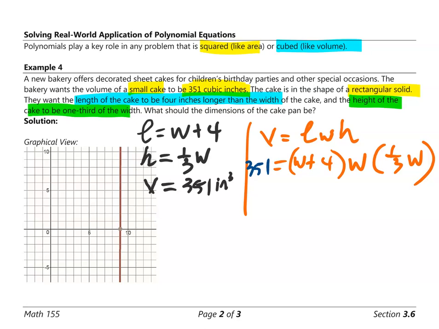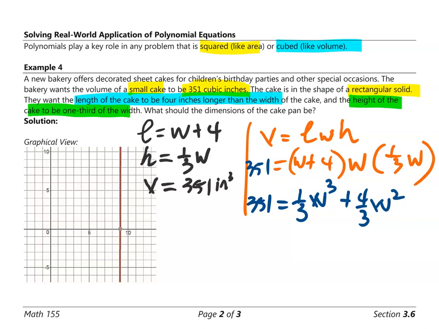So we can write that here, and with this we can solve for W. Let's simplify this first. So 351 is equal to, when you multiply this, W times W times W is 1/3 W cubed, and then plus 1/3 times 4 is 4/3 W times W is W squared.